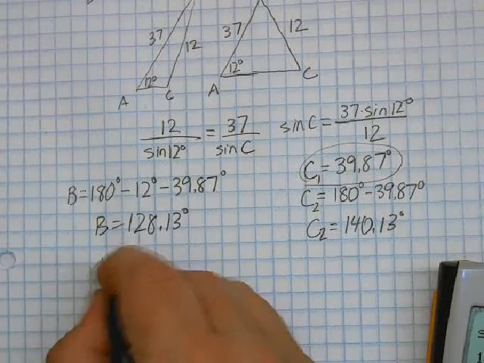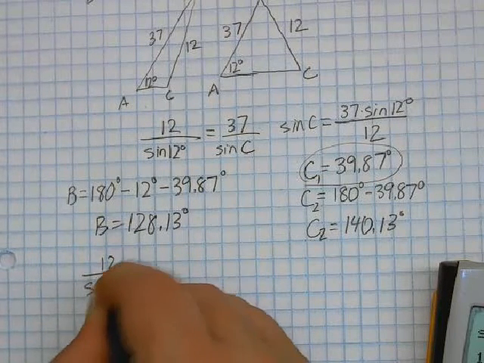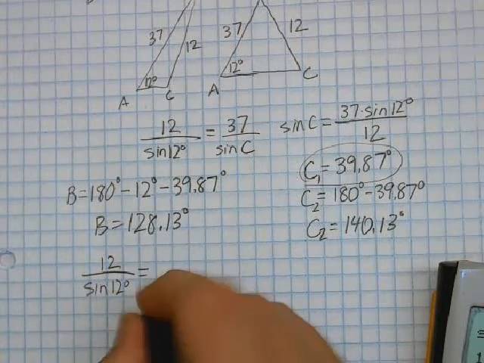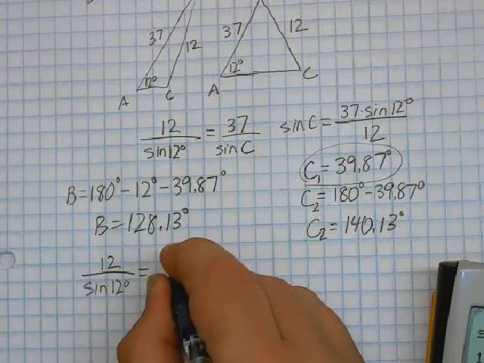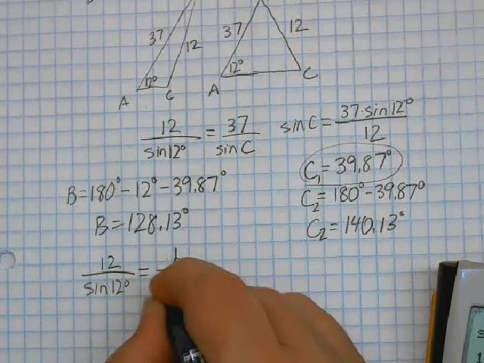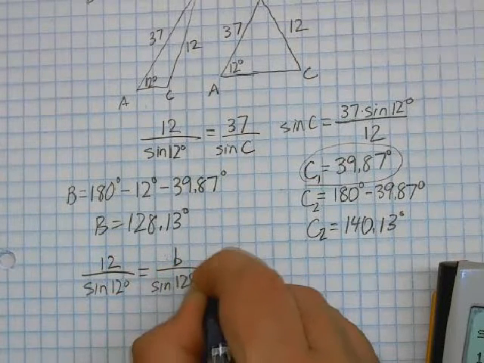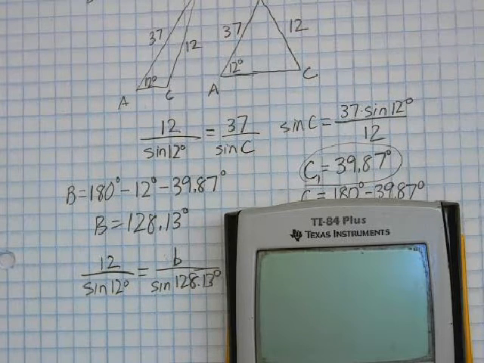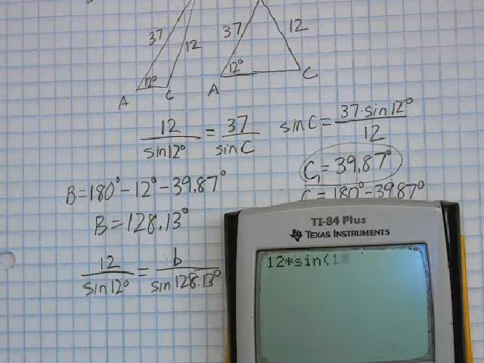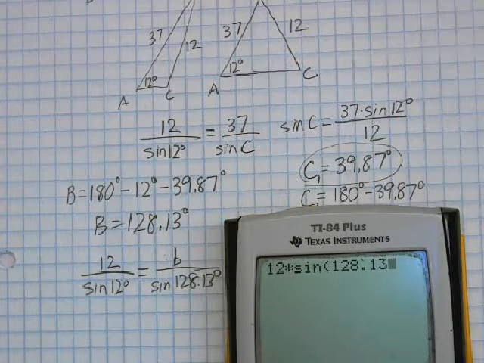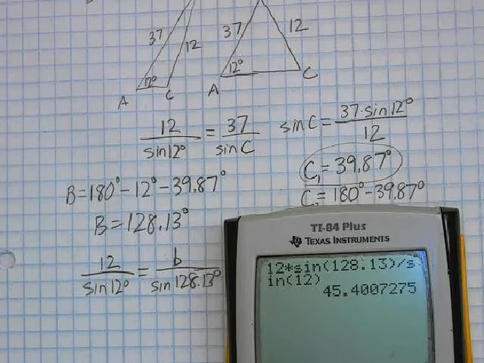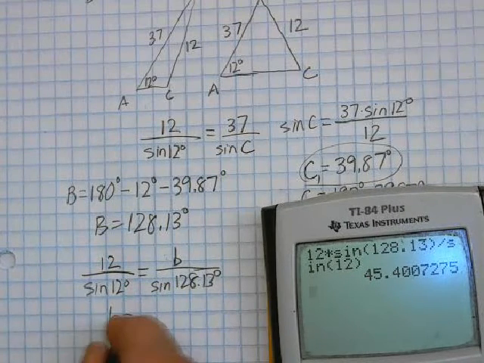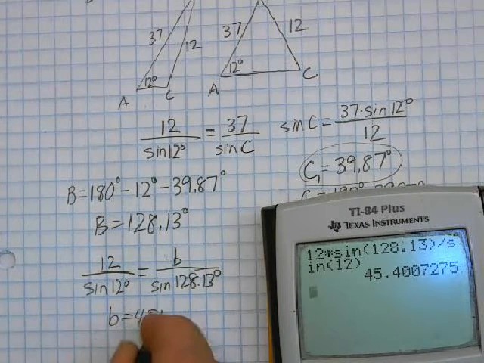So I use the law of sines to find B. Okay, so one possibility for B is it's 45.40.